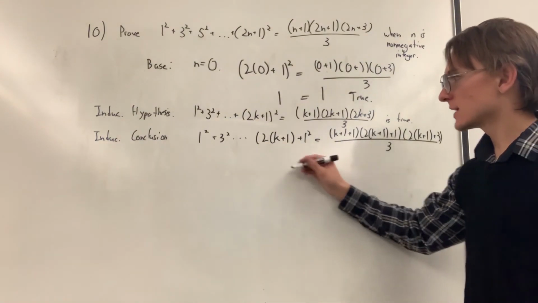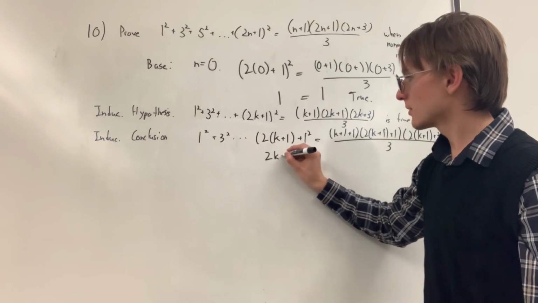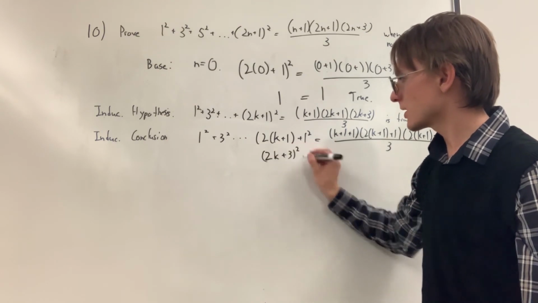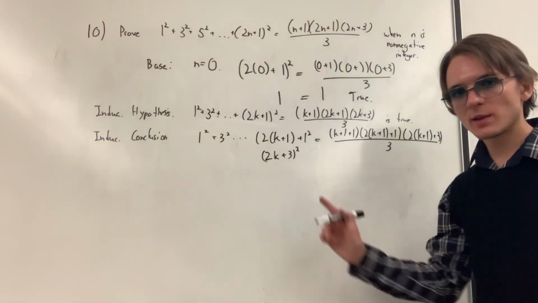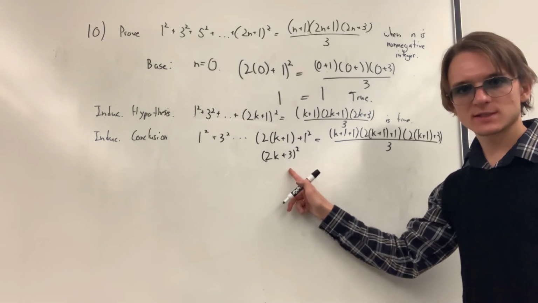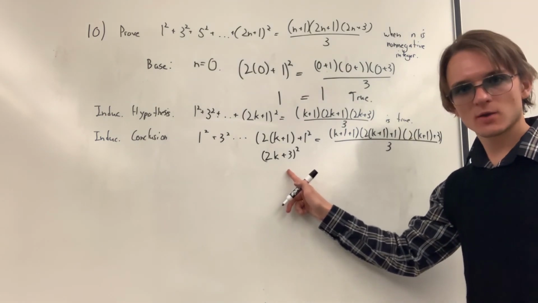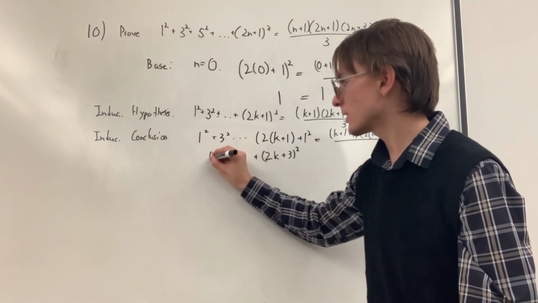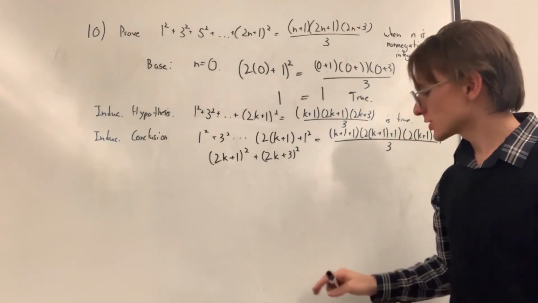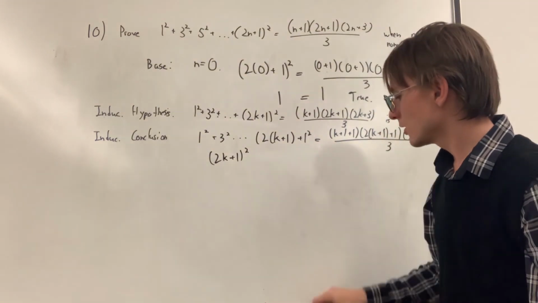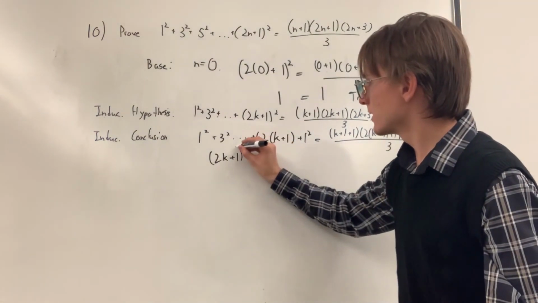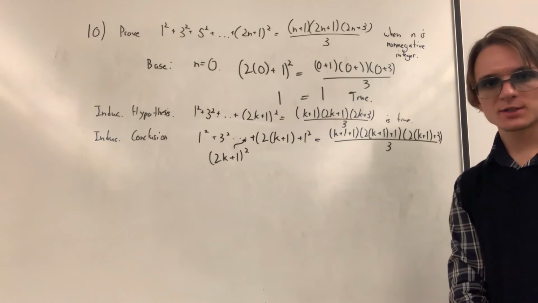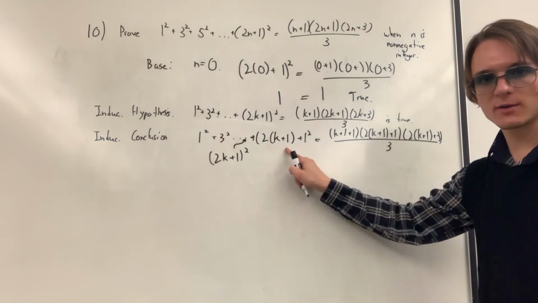We see that this is equal to 2k plus 3 squared. What would be right before this within the sequence? Right before it would be 2k plus 1 squared. 2k plus 1 squared is right here within our sequence, right before this value here.